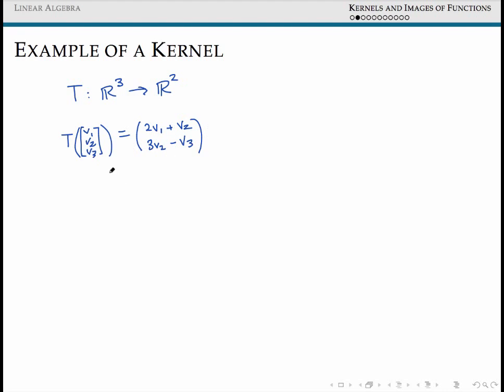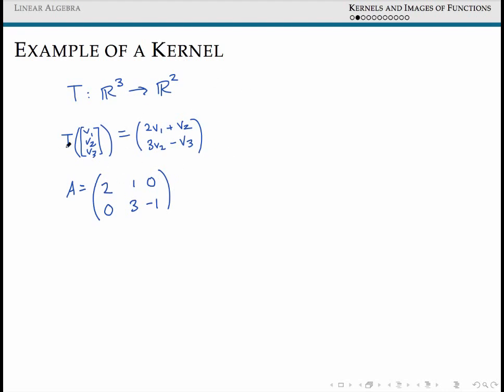So this is a linear map that could be represented by the matrix A, a 2 by 3 matrix: 2, 1, 0, and 0, 3, negative 1.